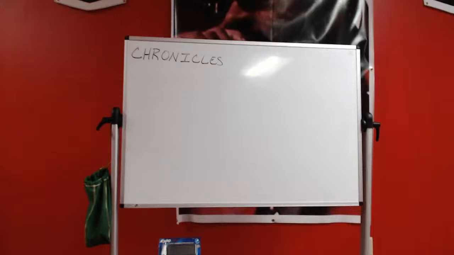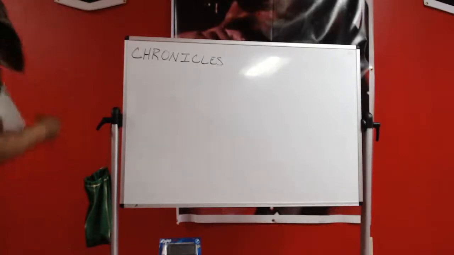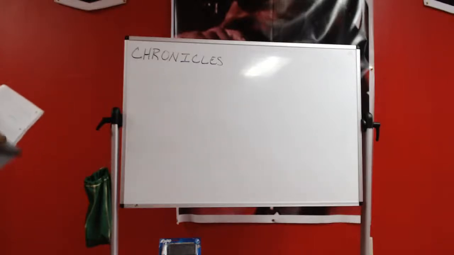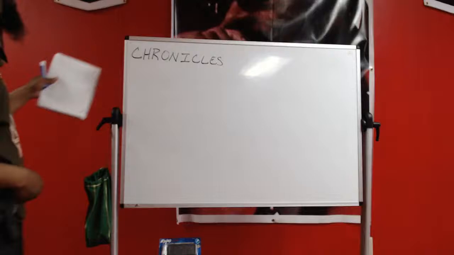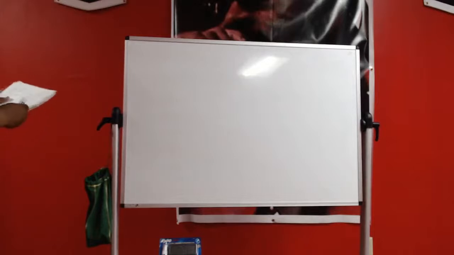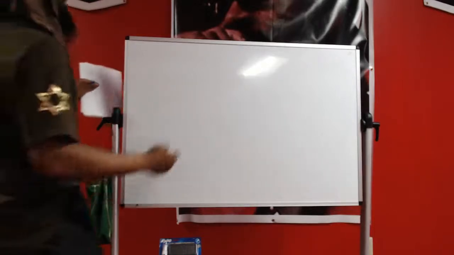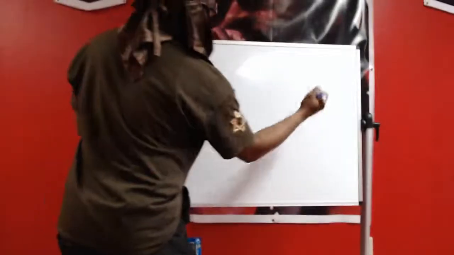I'll make sure to write darker and bigger. Are you able to kind of make it out? Let's test it out. I see you've got Chronicles written up there, but it's kind of light. I am using a dark pen. All right. Let's try this out.